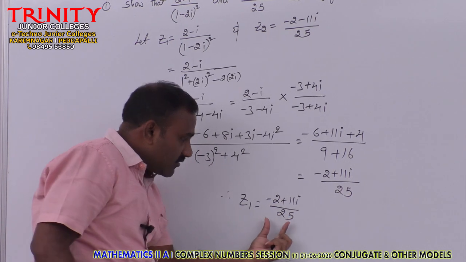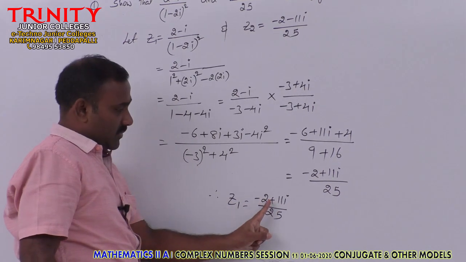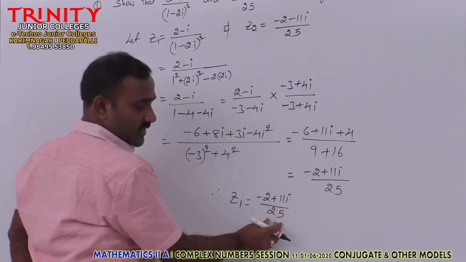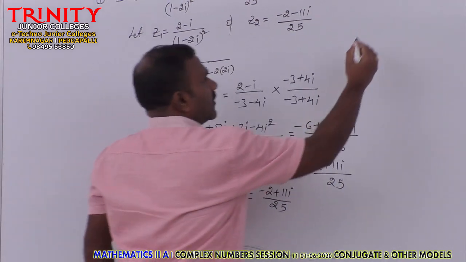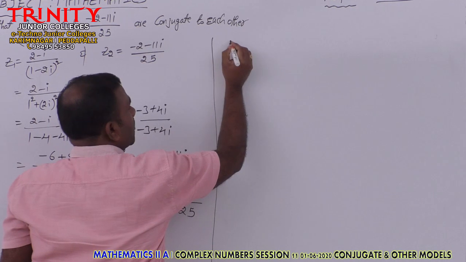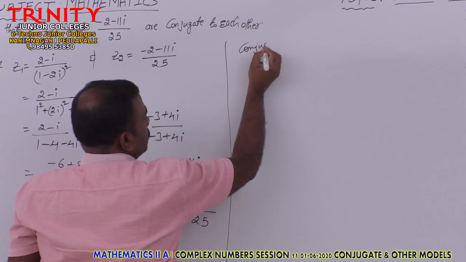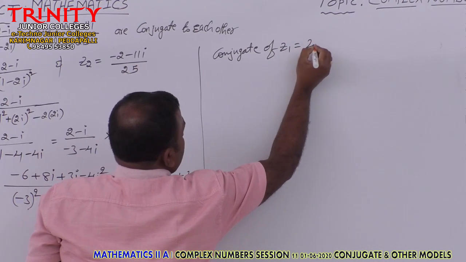Now is it in the standard form or not? a plus ib, constant is there in the denominator. Therefore, z1 is this one. Find out now its conjugate. Conjugate of z1 is equal to what?